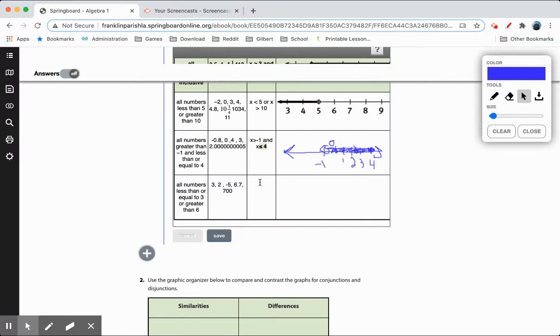We would put those: x is less than or equal to 3, or x is greater than 6. Do it like that. All right, number line again. Rough drawing.